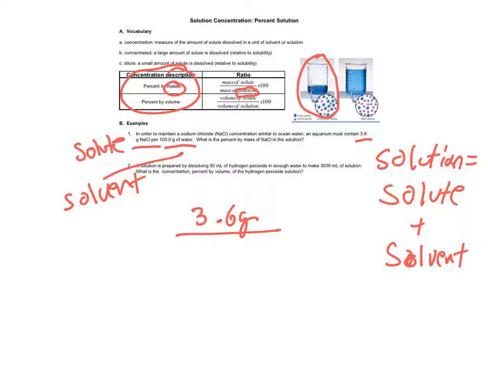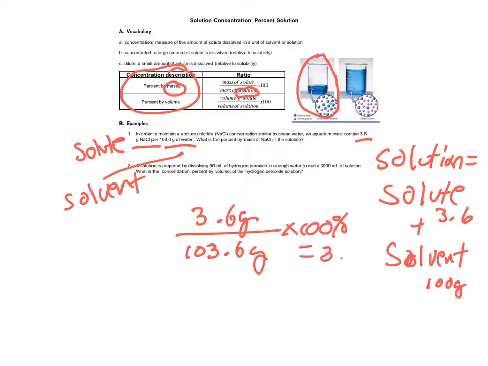My solution is my solute, the 3.6 grams, plus my solvent, the 100 grams. So the mass of my solution is 103.6 grams. I then take that times 100%. And I get a solution concentration of 3.5%.